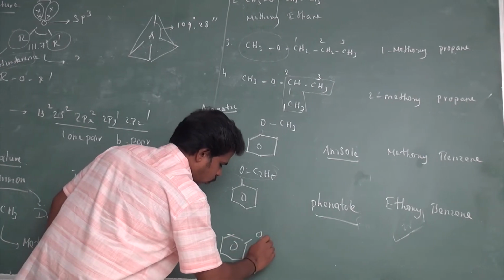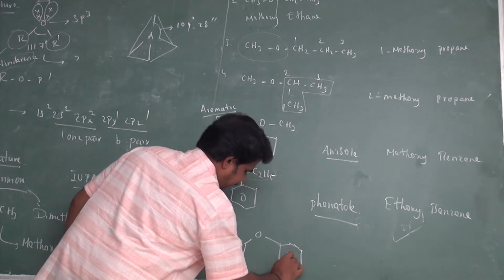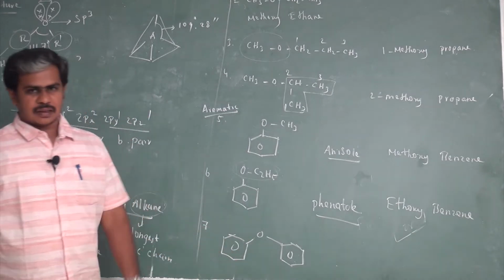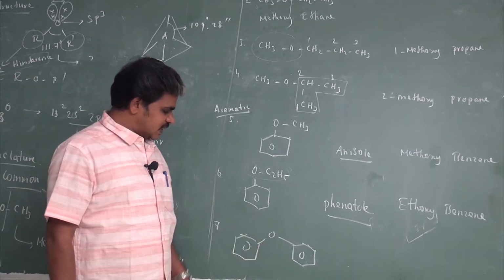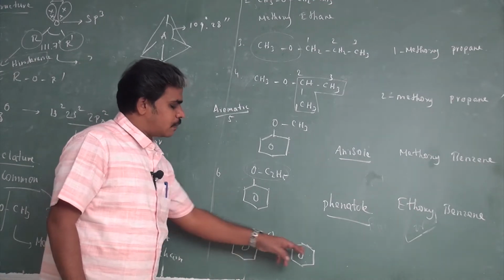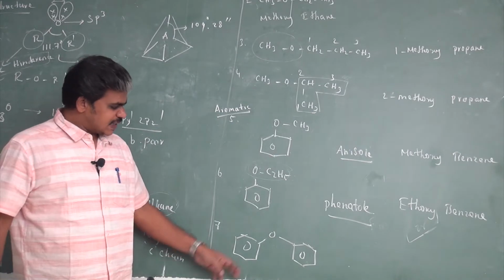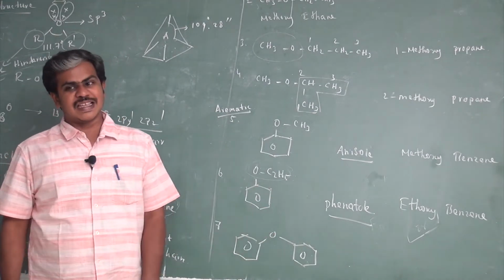Okay. Now, the seventh one here, C6H5, O, and here C6H5. Then it is diphenyl ether, the common name, and the IUPAC name is phenoxybenzene. Most of the students make a mistake here. It is not benzene plus oxy, so that it is benzoxy.